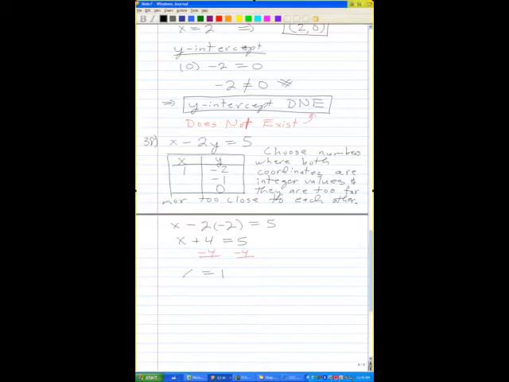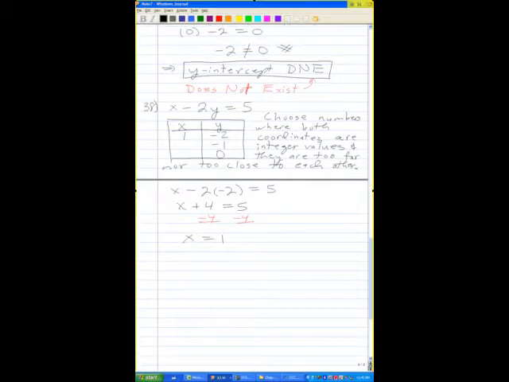Let's do y equals -1. And so I have here x minus 2 times -1 equals 5. So x plus 2 is 5. Subtract 2 from both sides of my equation. So by the additive property of equality, I have x is equal to 3.